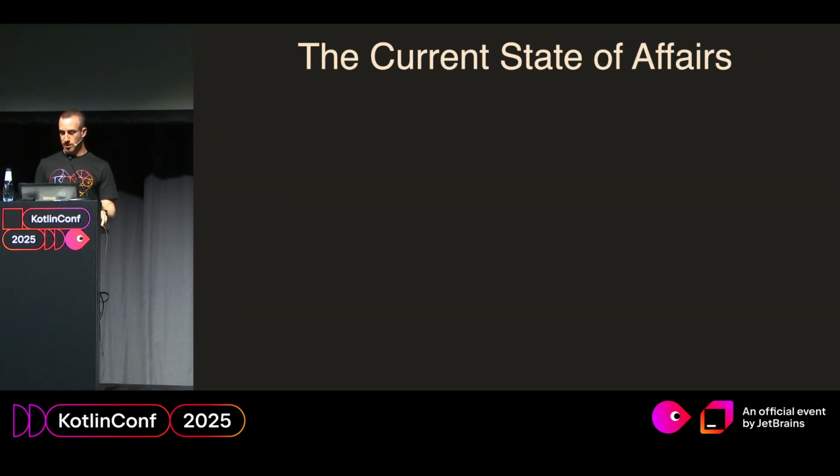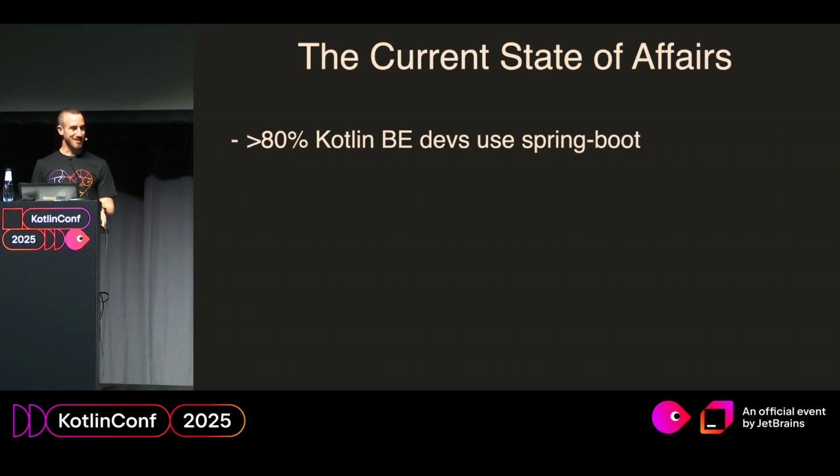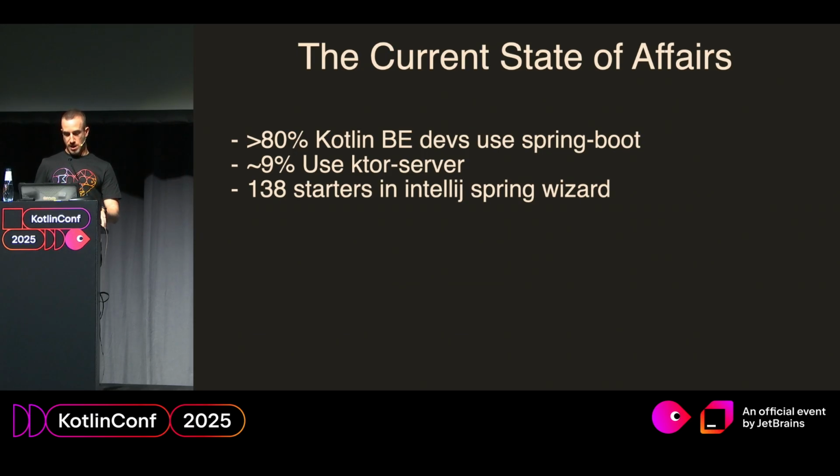So the current state of affairs, when we're talking about the adoption of Ktor, as we were doing this mini survey here: from what I can tell, about 80% of Kotlin backend developers are using Spring Boot, whereas about 9% are using Ktor server.